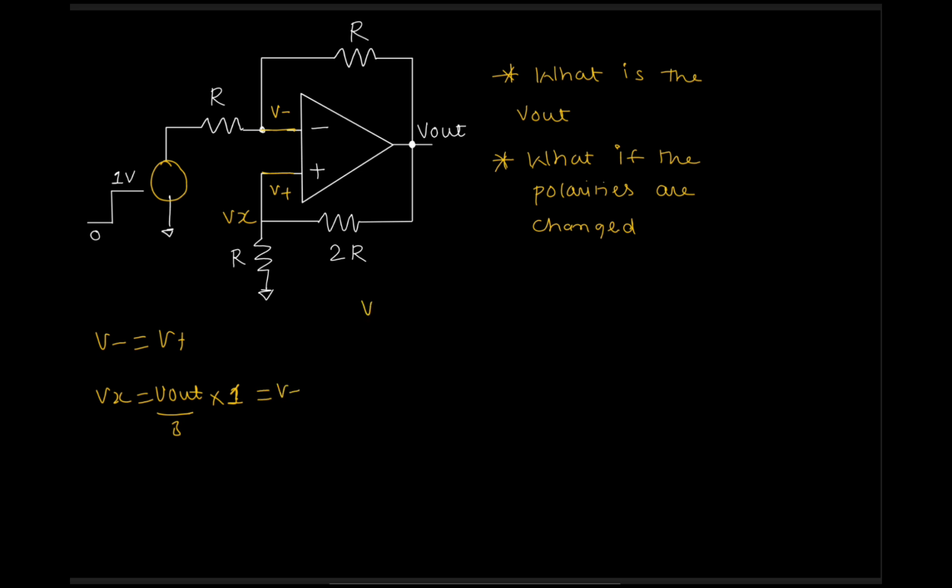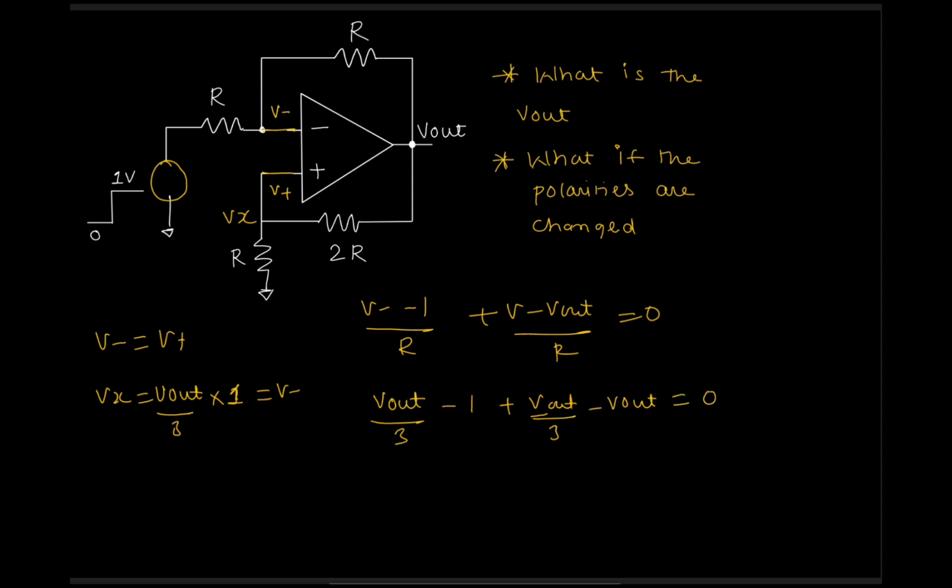V1 minus 1 divided by R is equal to V1 minus V out by R. So this is V out by 3 minus 1 plus the same V out by 3 minus V out is equal to 0.